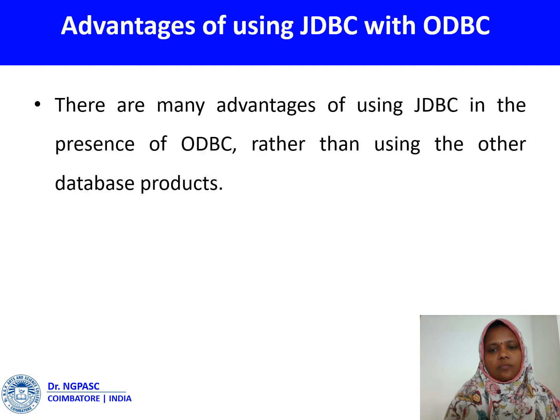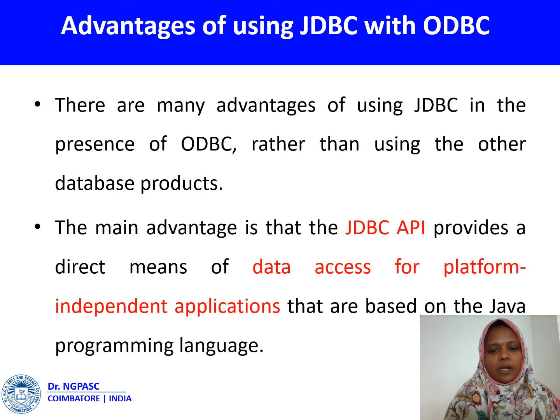The next one is advantages. Why do we use JDBC over ODBC? ODBC is a convenient tool to connect an application to the database. Then why move to JDBC? The main advantage is that the JDBC API provides a direct means of data access for platform independent applications.